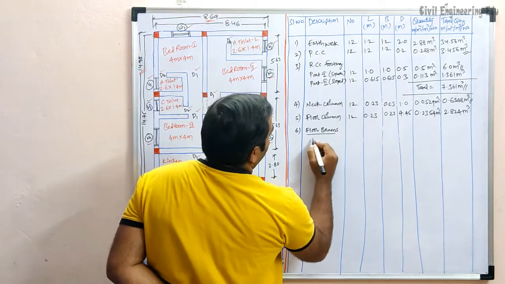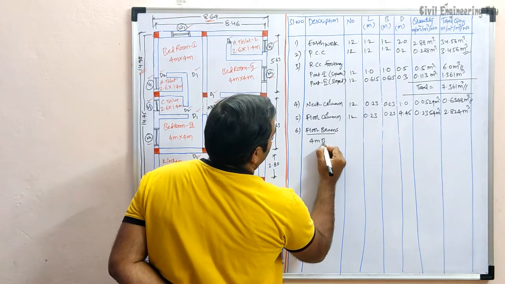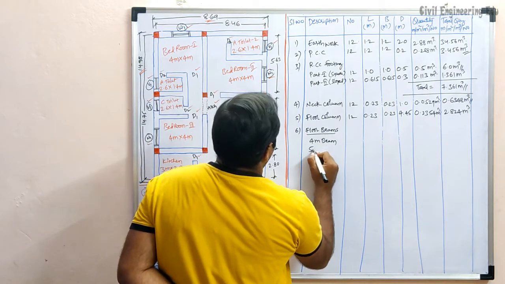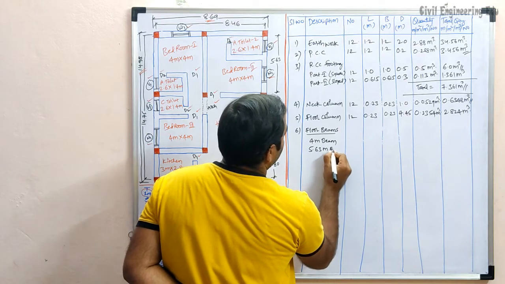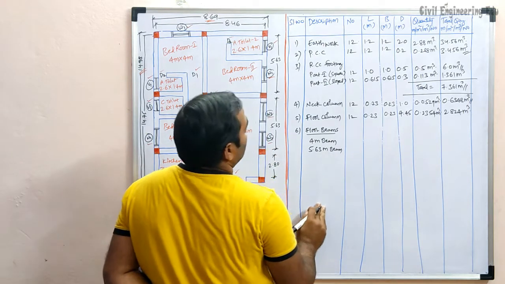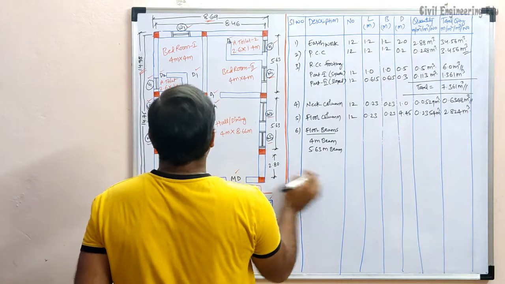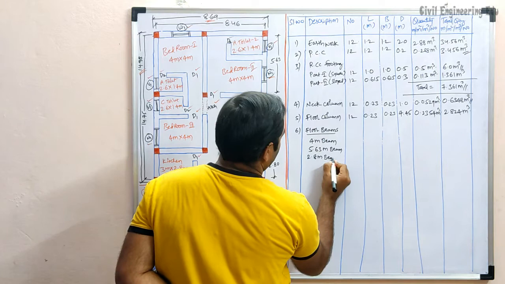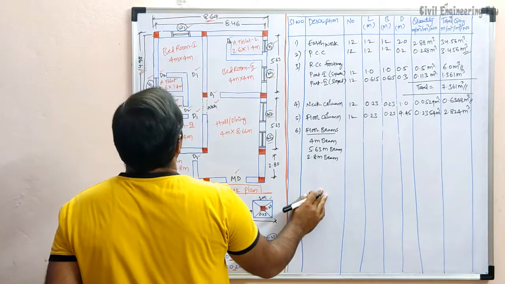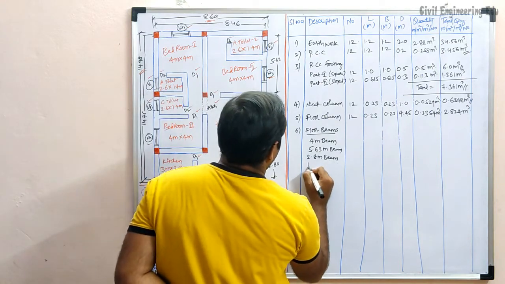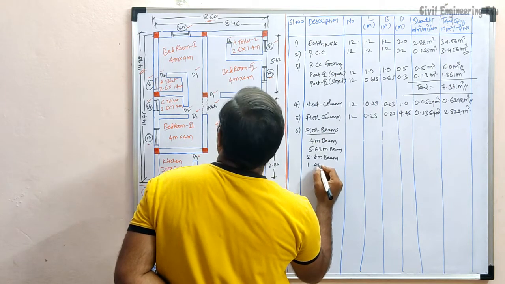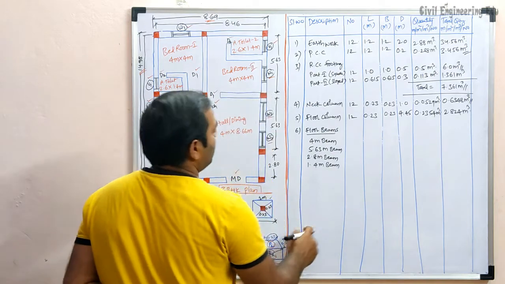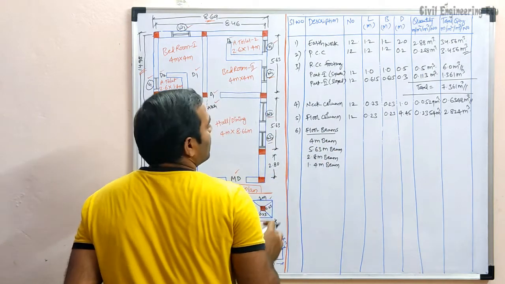So here I have taken a 4 meter beam, 5.63 meter beam. Next one is a 2.8 meter beam. Next one is 1.4 meter, 4 meter beam. So 4 meter beams, how many numbers are there?